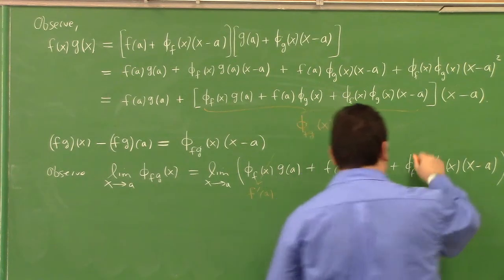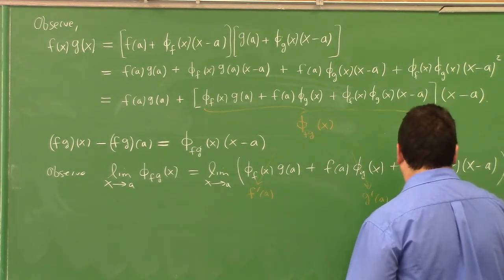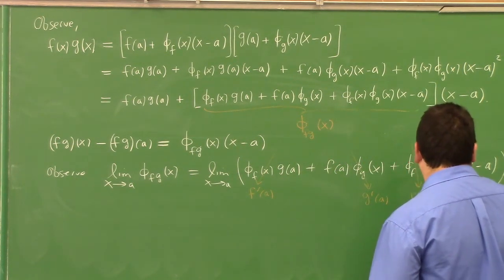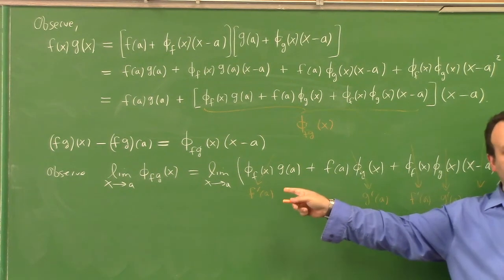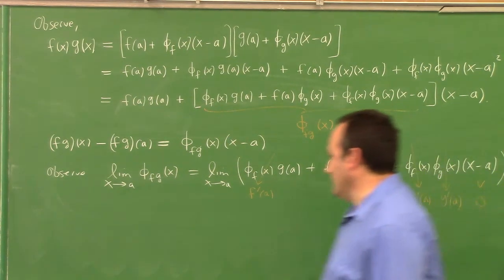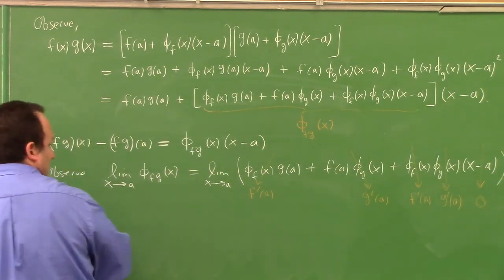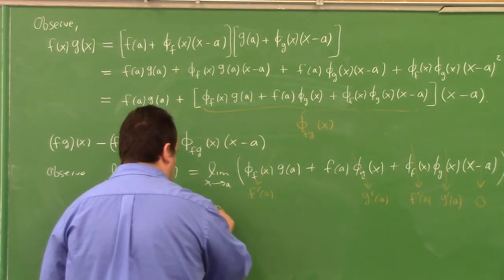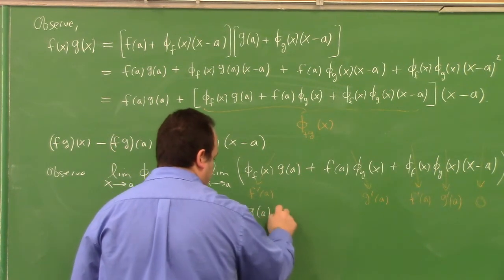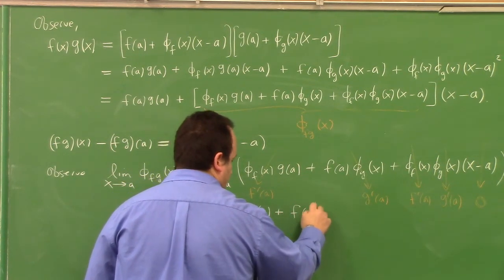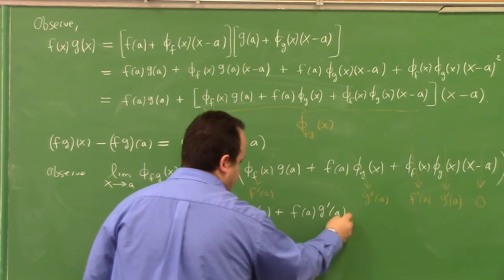Over here, we have f prime of a, g prime of a, and as we were just discussing, 0. So this piece goes to 0, this piece and that piece survive. What's the limit equal to? Yeah, f prime of a times g of a plus f of a times g prime of a.